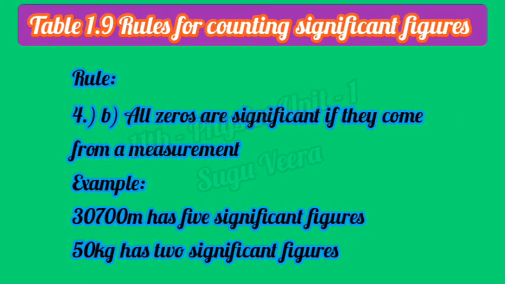Fourth rule, part B: all zeros are significant if they come from a measurement. For example, 30700 meter has 5 significant figures, and another example is 50 kg, which has 2 significant figures.